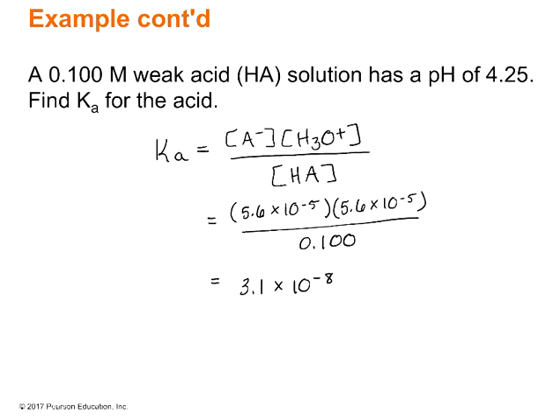So we do have a small value of Ka, which means that we have a weak acid. But additionally, you might want to go back and make sure that you get an appropriate value of pH from the Ka value here.